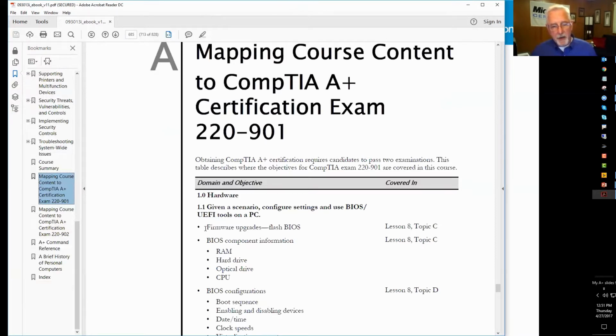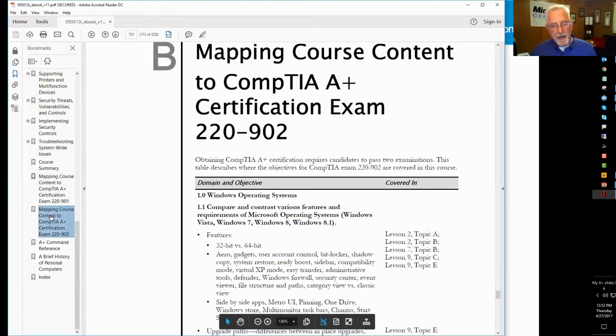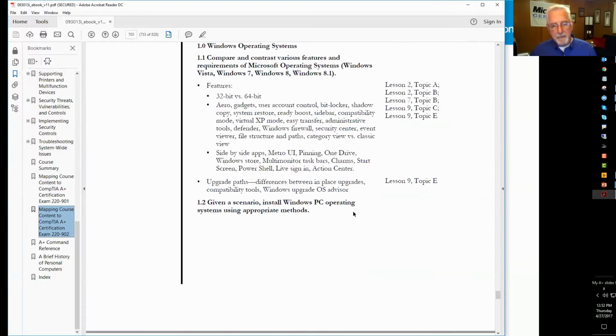So if you're looking for firmware upgrades and flashing the BIOS, that's covered in Lesson 8, Topic C. Great information. And this is for the hardware exam, and then the 902 exam, the operating system exam, same thing. All right, if you're looking for upgrade paths, the difference between different operating systems, Lesson 9, Topic E. And then there's an index with command reference, a little history, all of those things.